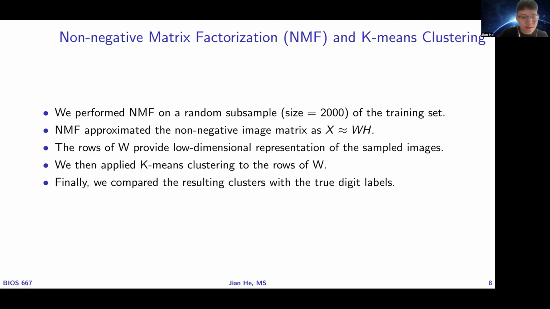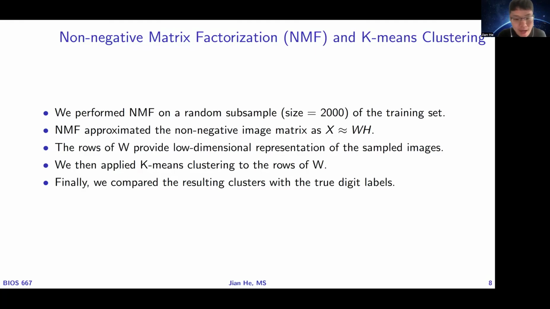Specifically, NMF approximated the non-negative image matrix X as approximately equal to the matrix multiplication of W and H. The rows of W provided the low-dimensional representation of the sampled images in terms of the 10 NMF components.